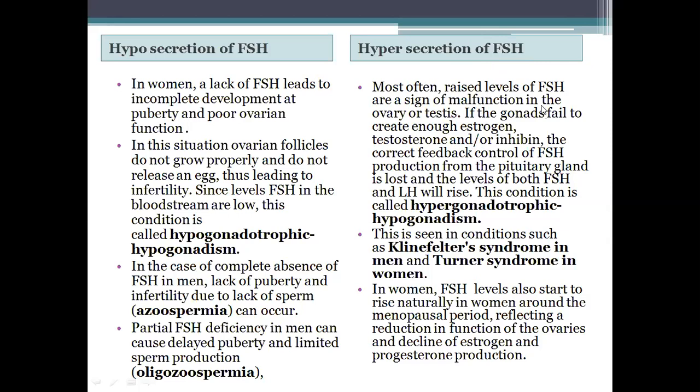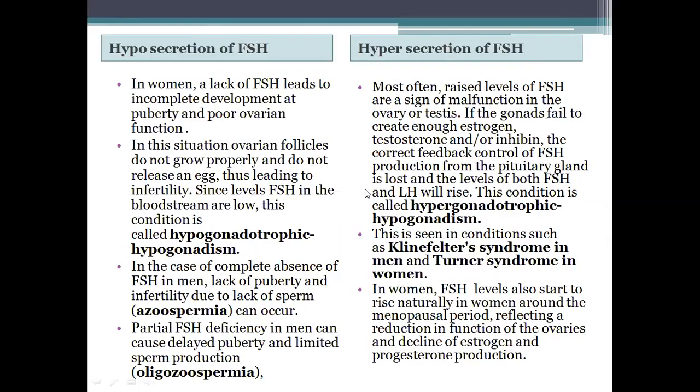This excess production of FSH may result in malfunctioning of the ovaries and the testis. This malfunctioning may result in infertility problems. And most of the time, in case of Klinefelter syndrome and Turner syndrome, there is more production of FSH resulting in infertility.